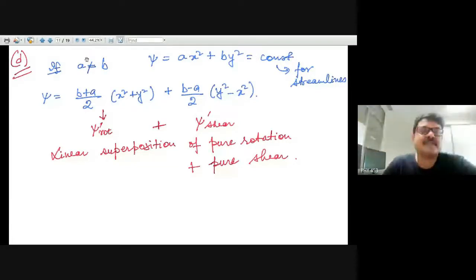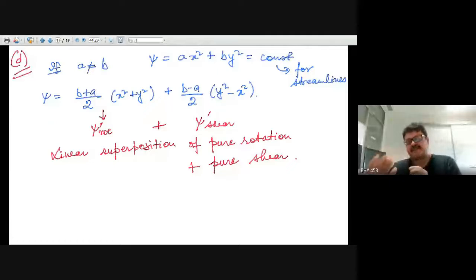You can realign the terms such that you have a stream function for pure rotational flow and pure shear flow. Okay, so you can just check it out. And all this calculation of streamlines, etc., is taken from physical hydrodynamics as one example of the other examples give a better conception, hence I'm just doing this.